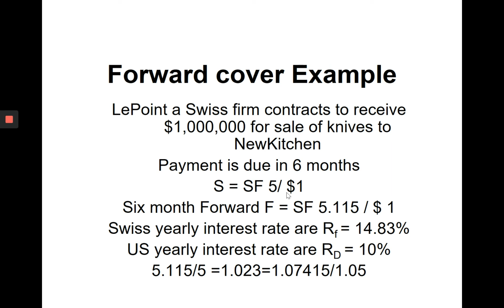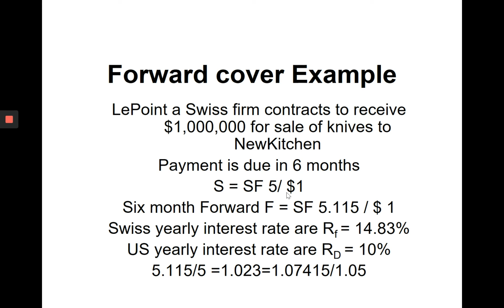A nice question is, what is this writing? I lovingly refer to it as my cheating notes. These numbers are familiar to us. 5.115 is F that I used up there. 5 is S. So the left-hand side is F divided by S.